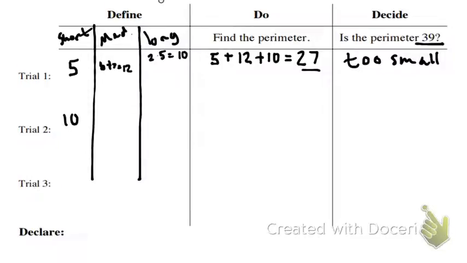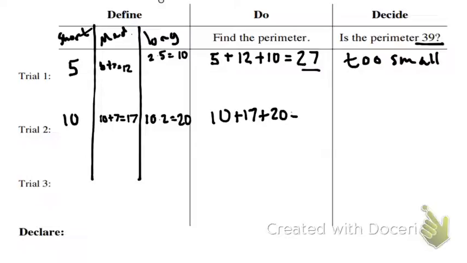So I'll guess 10. So if the short side is 10, medium had to be 10 plus 7, needed to be 7 longer, so that's 17. Long side had to be twice the length, so 10 times 2, which would be 20. So now I've got my lengths for trial 2, add them all up, we've got 10 plus 17 plus 20.